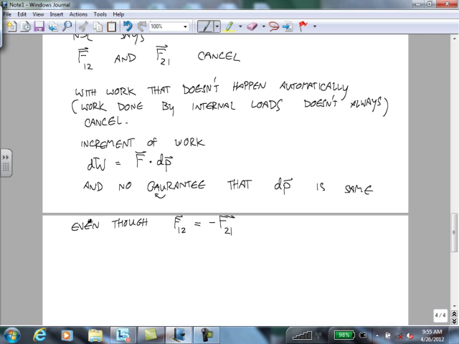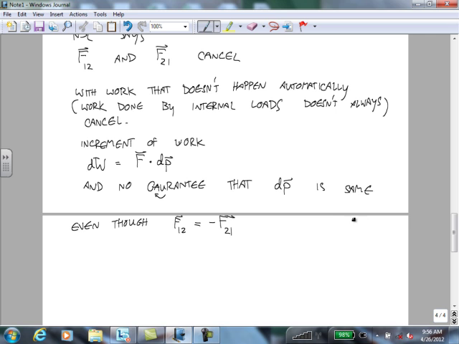Okay, you see what I'm saying? So there's something different about the canceling of internal works and the canceling of internal forces. Okay, internal forces always cancel. Internal works, they don't always cancel, and we're going to have to think about the cases when they do. Any questions about that?